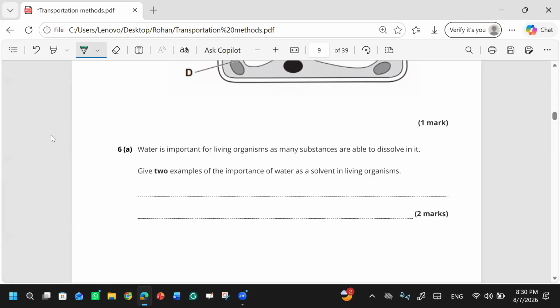And it helps to transport the material, the nutrients and all the waste. Excretory products, in the form of urine or feces, are removed with the help of water.